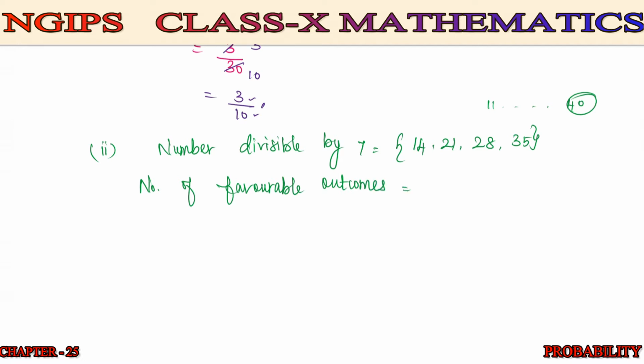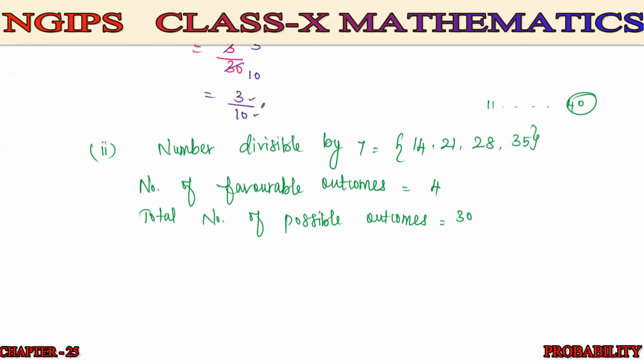Next we have to take the total number of possible outcomes. Total number of possible outcomes is equal to 30.